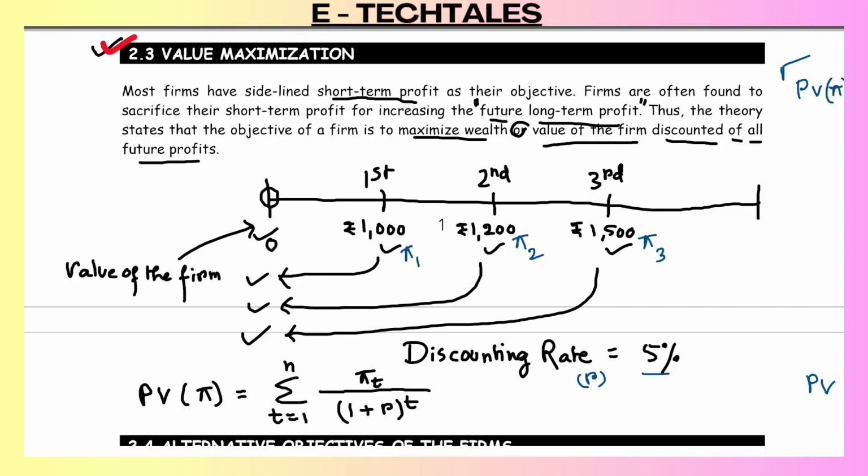Okay, so the summation begins from t equals 1 up to n, wherein pi sub t is the amount divided by 1 plus r to the power t. T is actually the time period. The time is denoted by t, which can go on to n, and 1 plus r is the discounting factor.